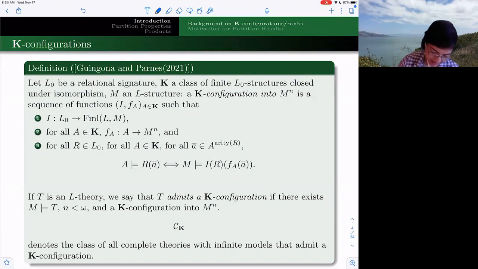Basically, for every relation symbol in the signature on the K side, the index side, they assign some formula with parameters in the big model.